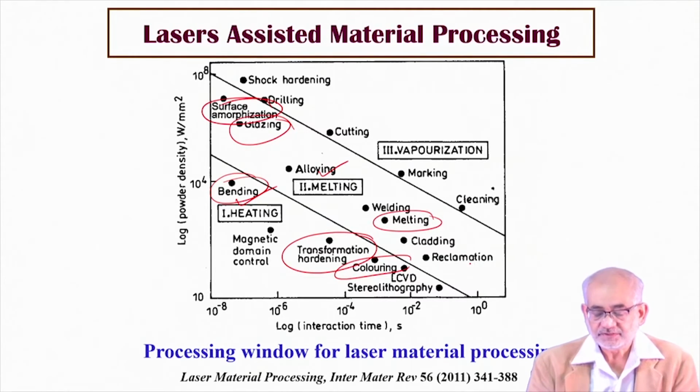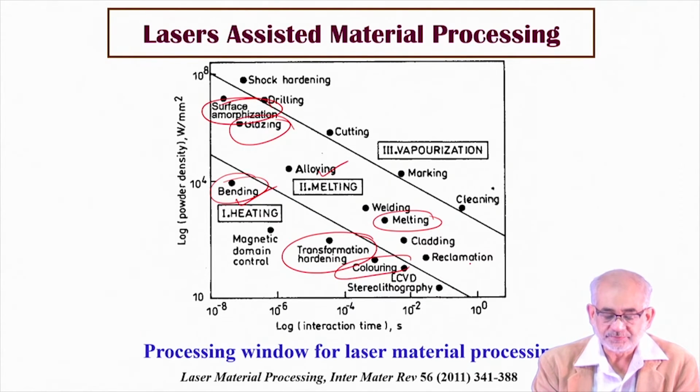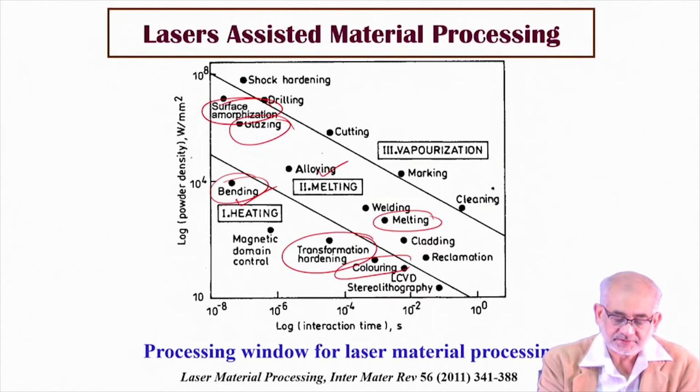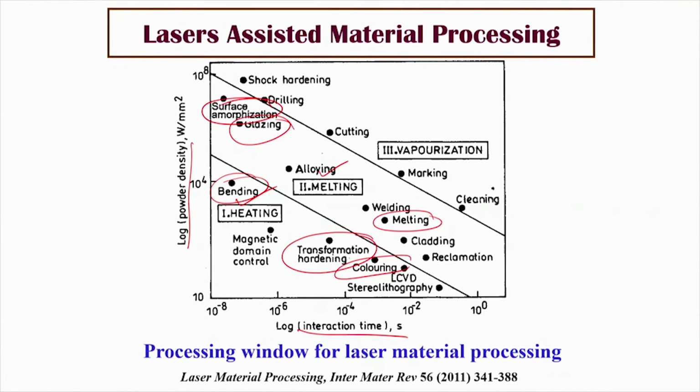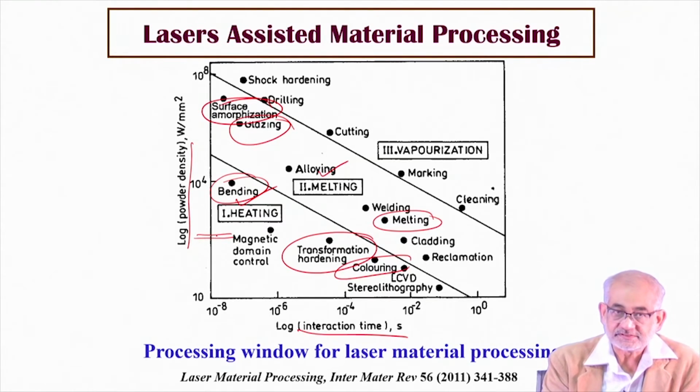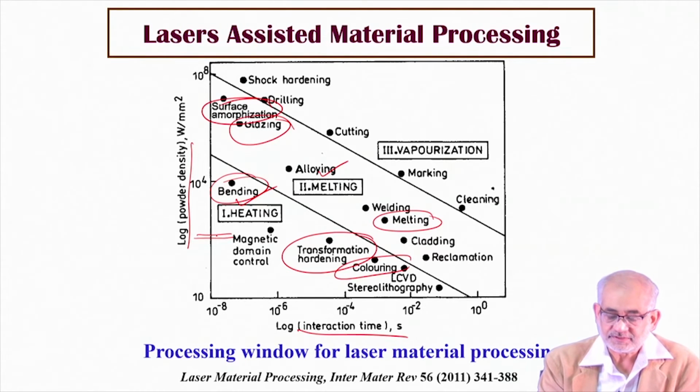Now when we are talking about that, we have to again recall the important point that we are only talking in terms of power density and interaction time and combination of this. So for example, when you want transformation hardening, you actually don't need to apply very high power density. So relatively lower amount of power density, but the interaction time would be moderate.